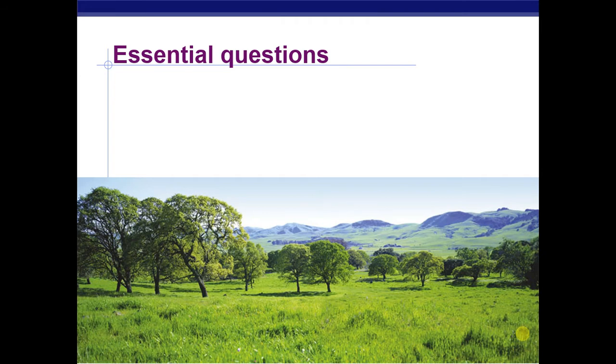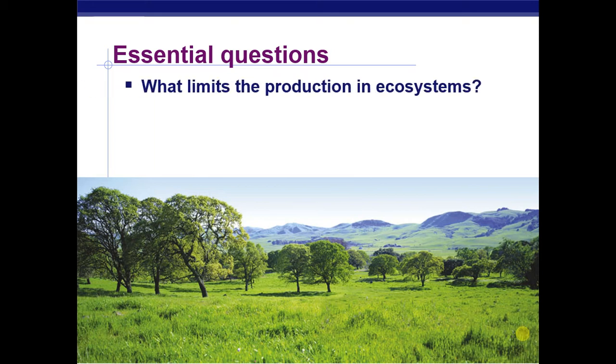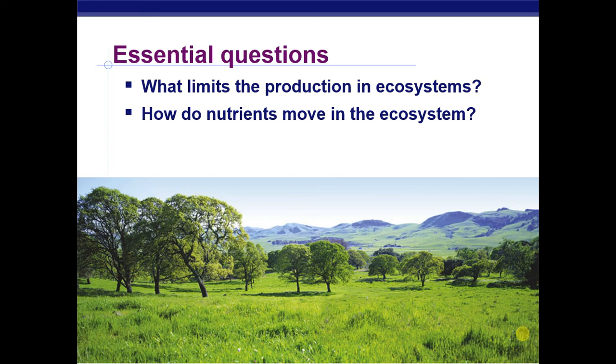So some essential questions that through today's lesson and next time's lesson will be really important. What limits the production in an ecosystem? So what puts a kind of a cap on how much biomass can be produced in an ecosystem?